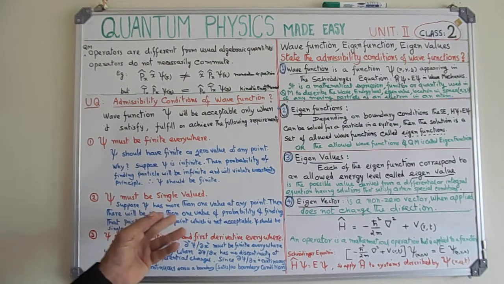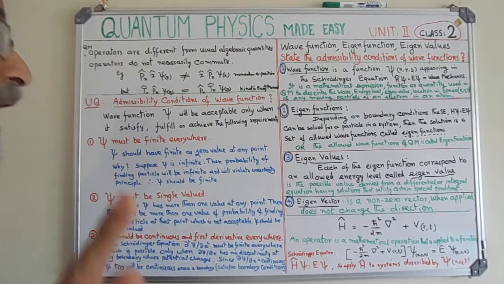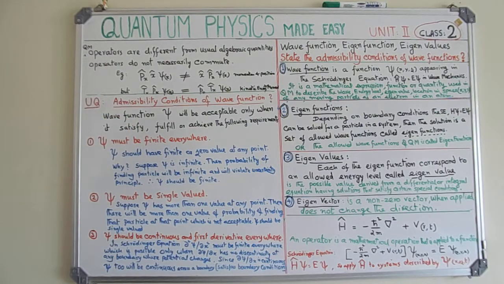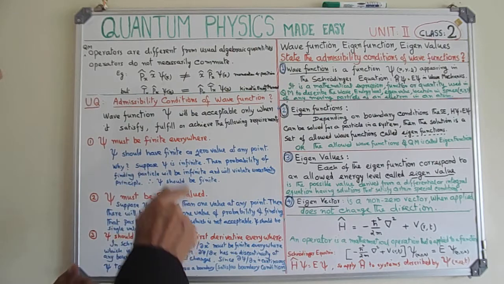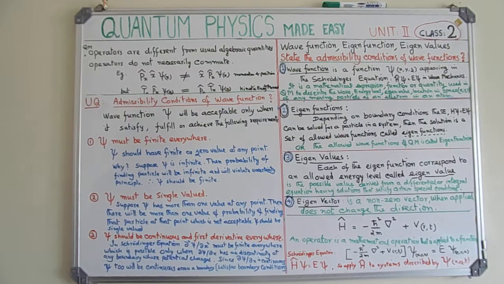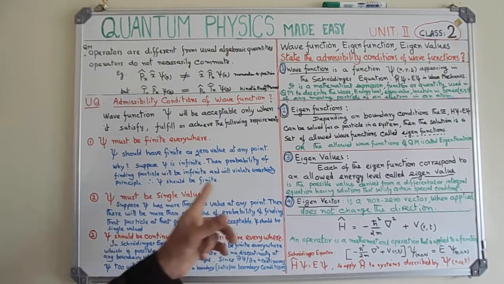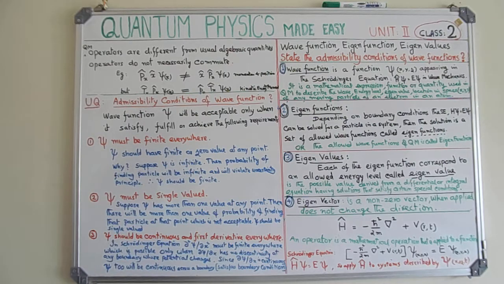Suppose psi has more than one value at a given point, coordinate system, then there will be more than one value of probability of finding that particle at that point, which is not acceptable. So psi should be single valued.